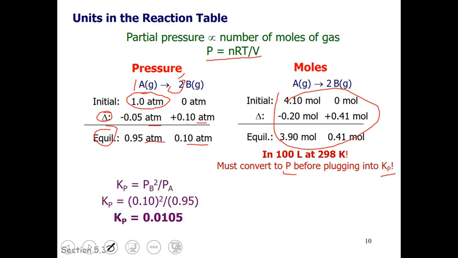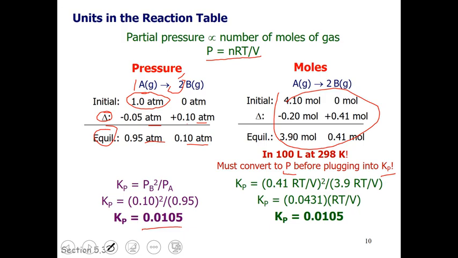So in the example on the left, if you're given pressure and work your table in pressure, you can substitute directly, and you will have this Kp value of 0.0105. If you are given moles, keep in mind that you're going to have to take these moles and multiply them by RT over V, which is the correction factor to go from moles to pressure. And as long as you do that consistently, once again, you have equivalent answers.